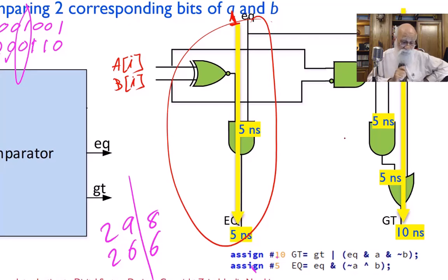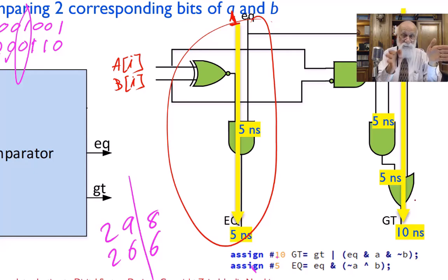What's wrong with this comparator? What is wrong with this comparator is for you to get the result, you have to wait for each slice to go through. Look at the longest path here. The equal path is 5 nanoseconds, but the GT path from equal input to the GT output is 10 nanoseconds.